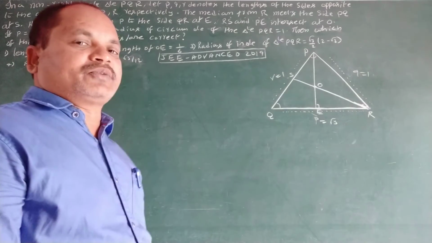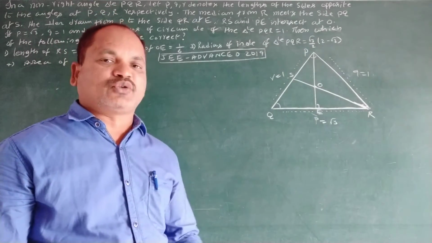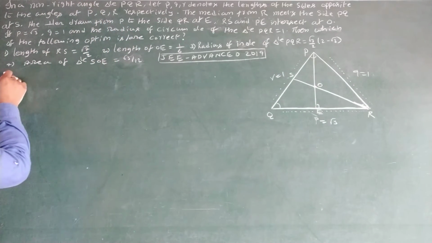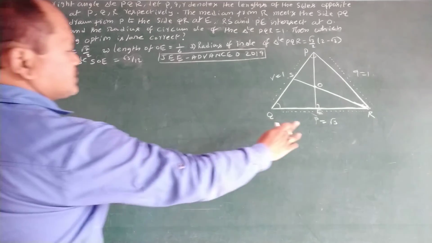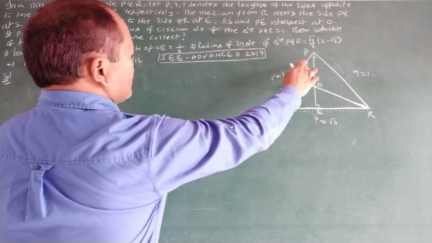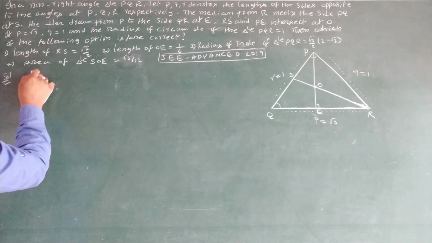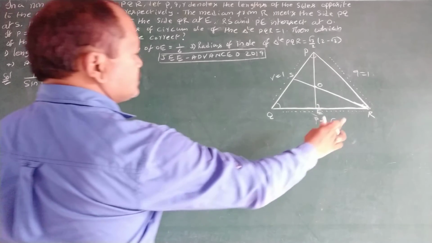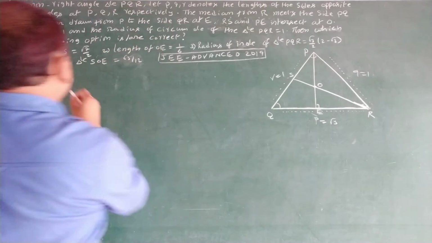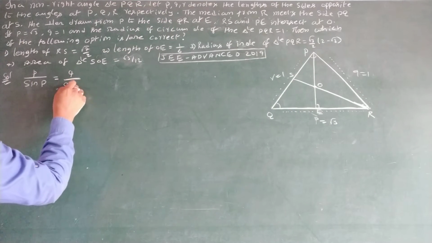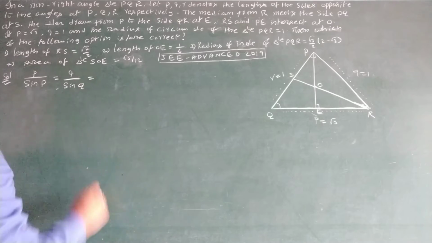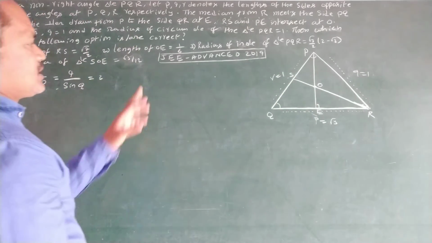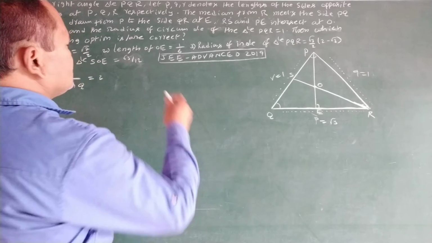Now we know from properties of triangles, according to the sine rule formula, opposite side by sine of opposite angle: small p by sine of angle P is equal to small q by sine of angle Q is equal to 2 times the radius of the circle.